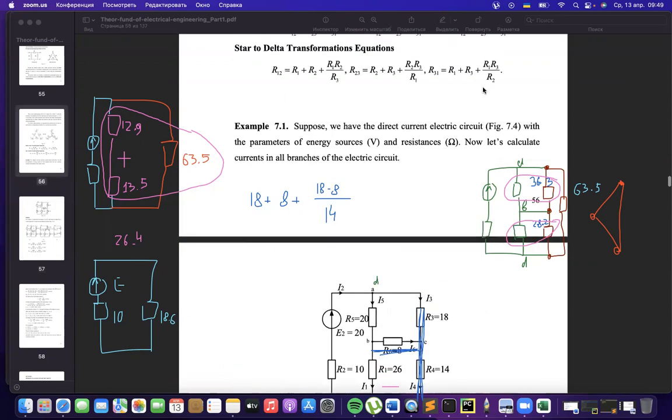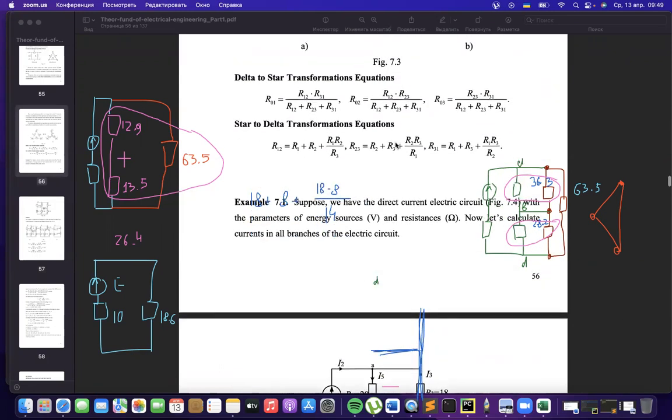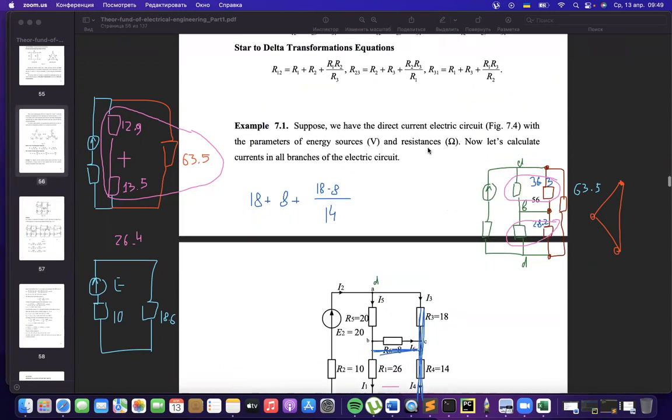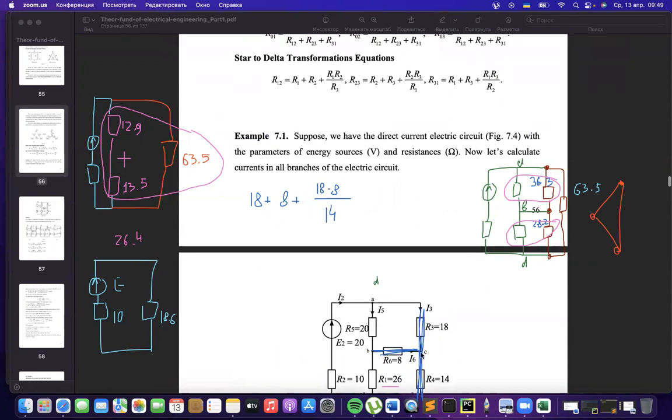Okay, we obtain the numbers using the formulas. Because if we had this blue one, star, and we want to obtain this red one, delta, then we are using formulas from star to delta. We are taking numbers from the primary formula.